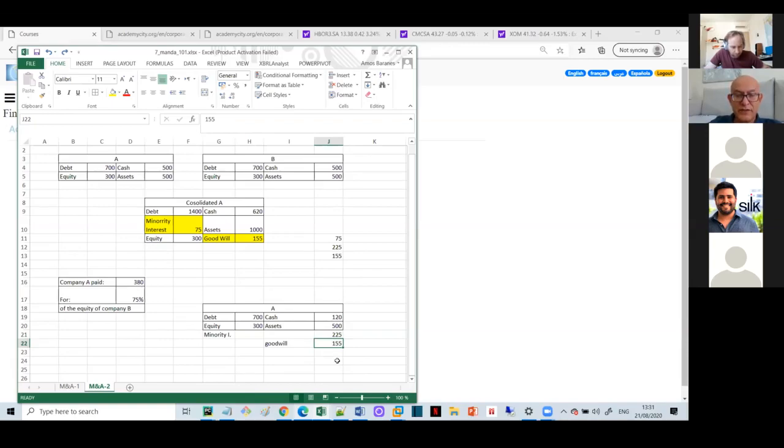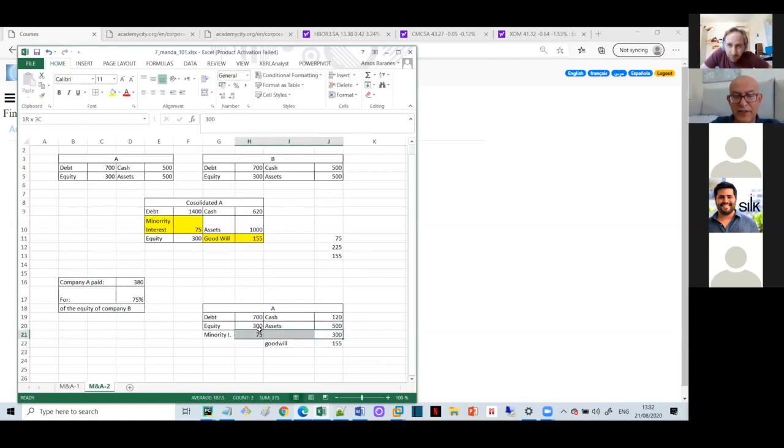In addition, I just want to represent that now part of the shareholders of company B haven't gone home. They still hold part of the assets of company B. So I put them as a minority interest account. They still own 75 of the book value. In other words, out of the 300, I own 225.